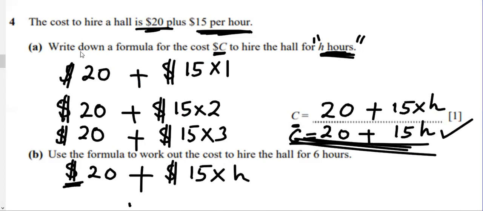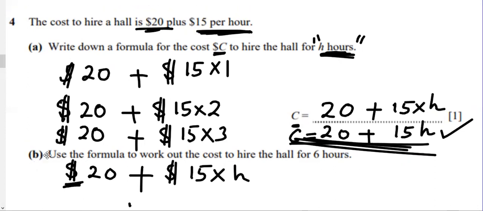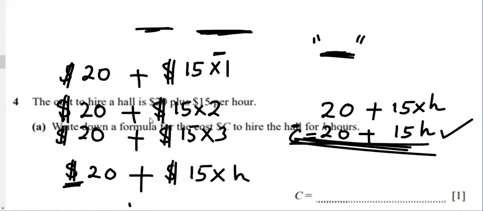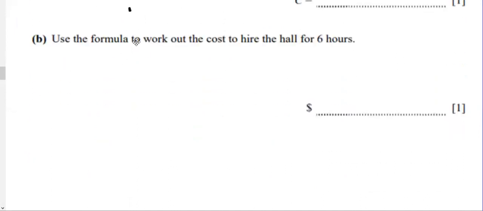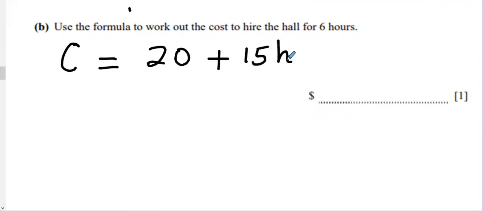The next question is: use the formula to work out the cost to hire the hall for 6 hours. Now we are given the formula we got earlier. The formula is C, for the cost, equals $20 plus 15H.